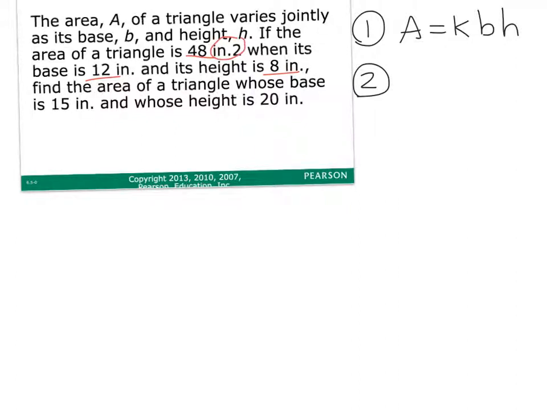The inches is just a label, so you don't need to square the 48. The base is 12, and the height is 8. Use that information to figure out your k. So first take your 12 times your 8, which is 96.